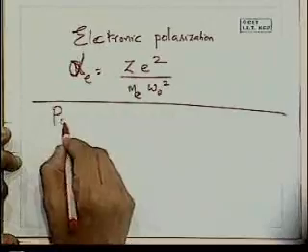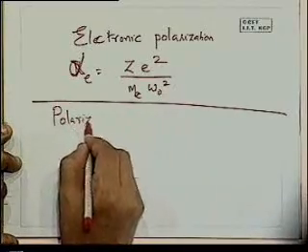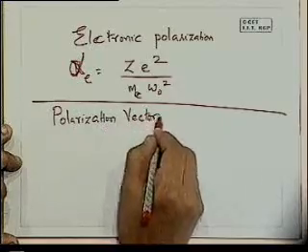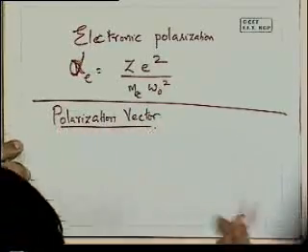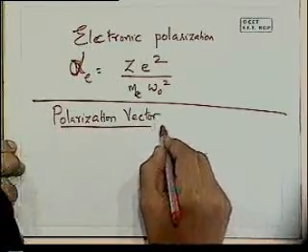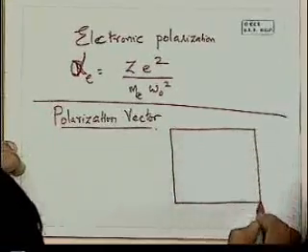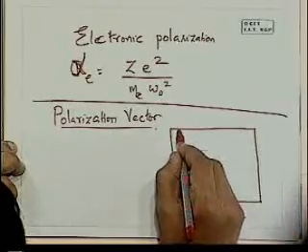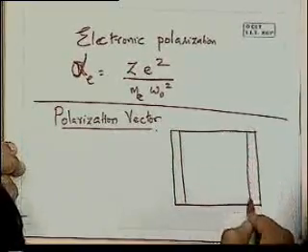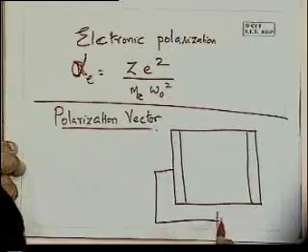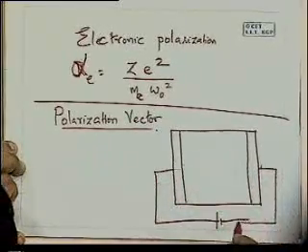Now I'll introduce the polarization, which I briefly mentioned, and we'll talk of a polarization vector. We begin by visualizing what happens inside the medium when we apply a voltage. So I've got the two plates, the dielectric medium filling the gap between the two plates, and we are applying a voltage V across this.